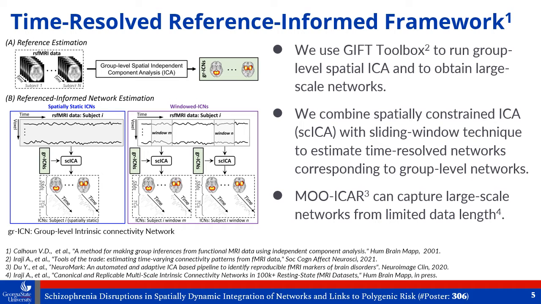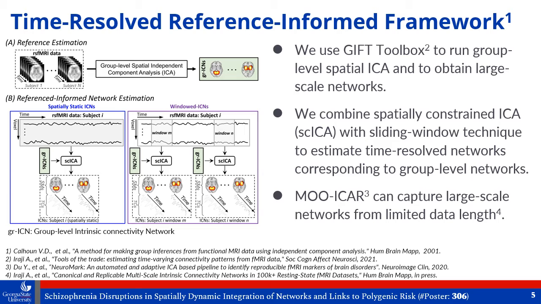In the next step, the common pattern, as you can see in panel B left side, is to use group-level networks as a reference to estimate corresponding networks for each subject, using approaches like spatially constrained ICA. What we suggest, shown in panel B right side, combines a sliding window technique with a spatially constrained ICA approach that is capable of capturing networks from short time segments to estimate time-resolved networks.